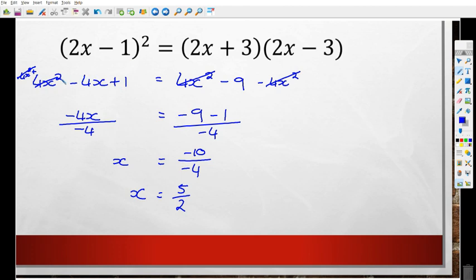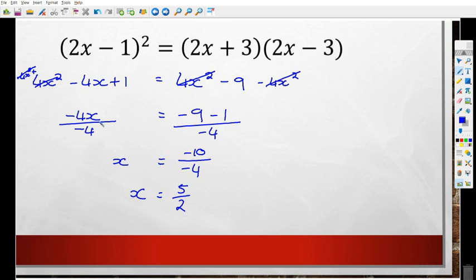Here I got rid of my 4x squared by just minusing 4x squared on both sides. Gone, finished. Then over here, my negative 4 stayed. How did I take this across? We take it across and the sign changes. If that's better for you, you can use that as well.